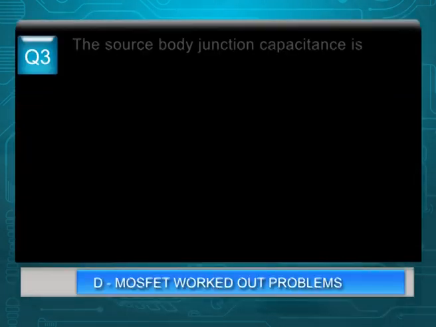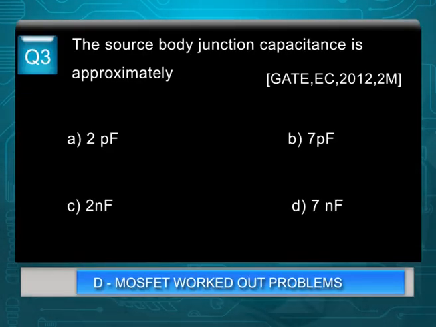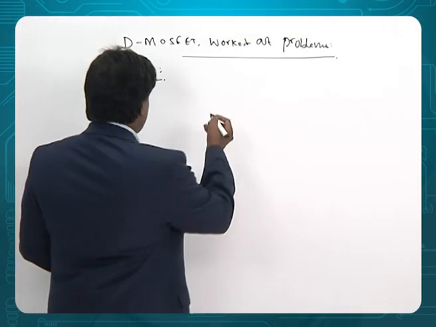Question number 3. The source body junction capacitance is approximately 2 picofarad, 7 picofarad, 2 nanofarad, 7 nanofarad. Let's see that.